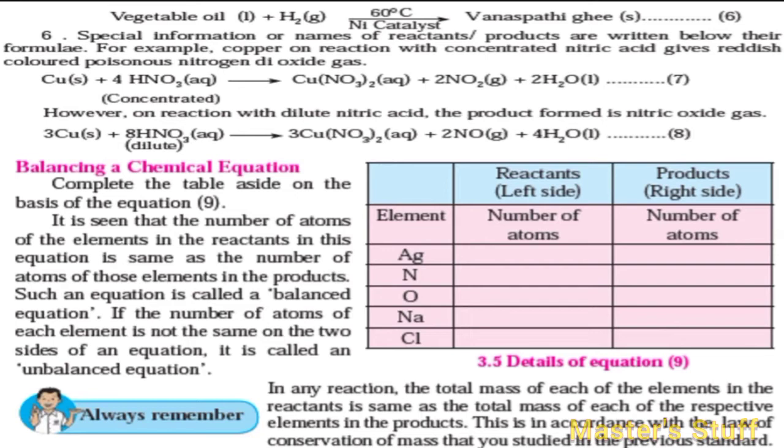However, on reaction with dilute nitric acid, the product formed is nitric oxide gas, as in 3Cu plus 8HNO3, below it (dilute), gives 3Cu(NO3)2 plus 2NO plus 4H2O.